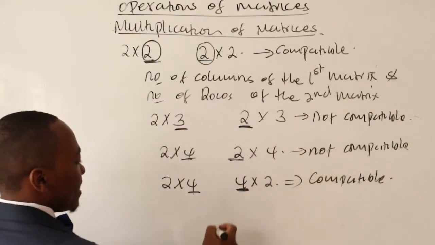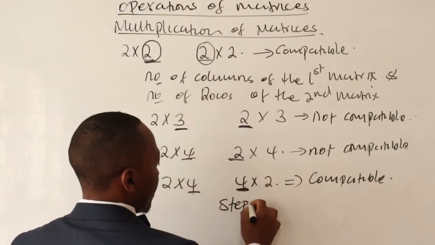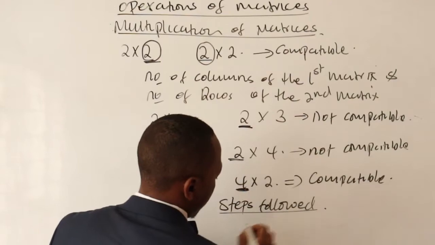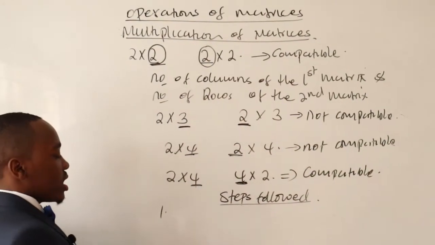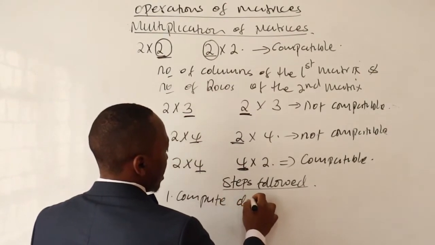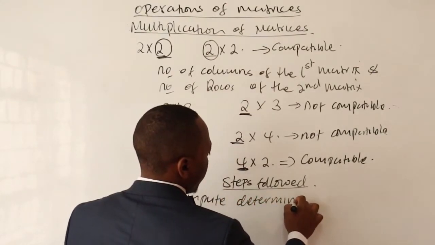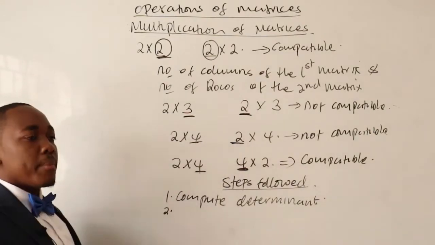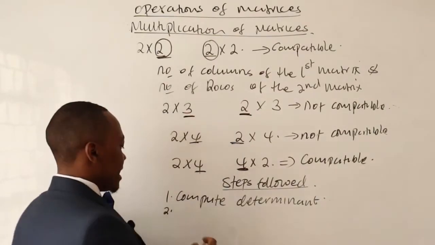Good. So what are the steps forward? Let's look at the steps forward. Step number 1, you compute the determinant. Step number 2, you reciprocate the determinant.